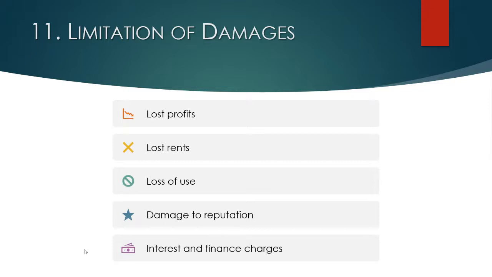The slide here lists examples of those types of consequential damages. Those could include lost profits, lost rents, loss of use, damage to reputation, interest and finance charges. As you can see, a lot of these items could be particularly onerous in an owner situation. For example, you're working on an apartment complex job, and the job is supposed to be done by a certain time period, and it doesn't get done because you're delaying the project, and the owner's unable to rent out the apartments.